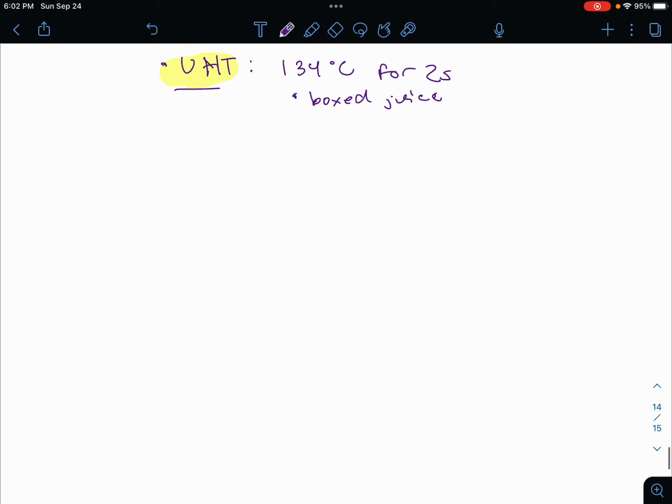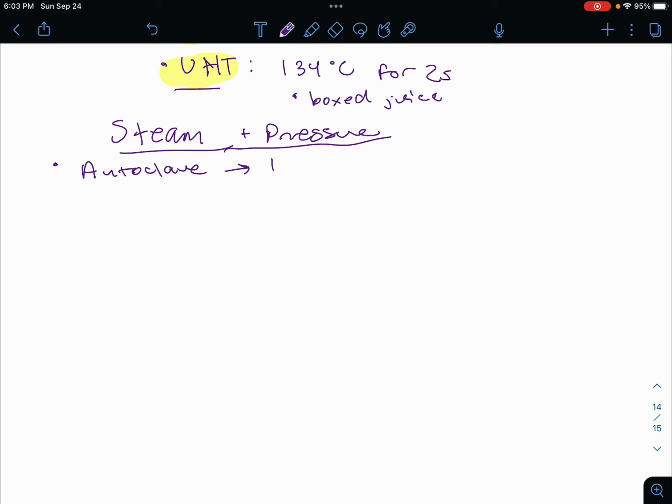We also have steam techniques. So one of these methods is the autoclave. And again, we're going to be using steam and pressure to sterilize. That means, again, kill all the microbes.